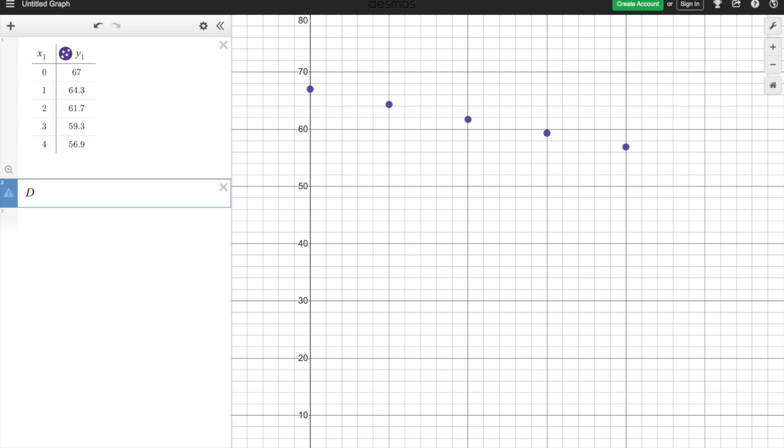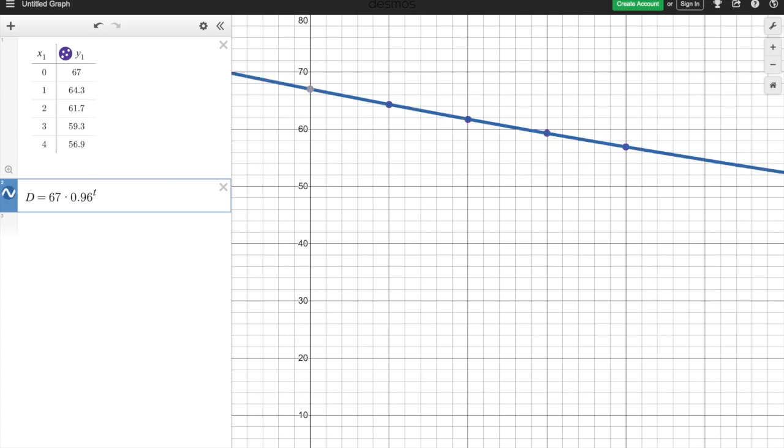So that was D equals 67 times 0.96 to the T power. And here we graph it in blue over the top of our data. And we can see how it perfectly matches the data from our table.